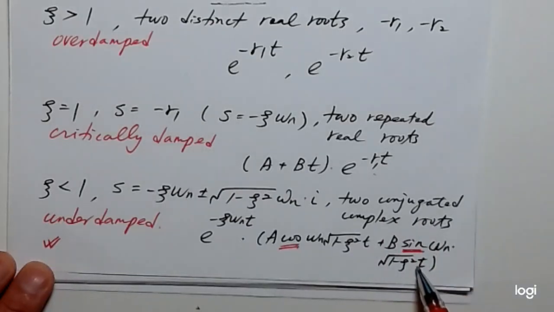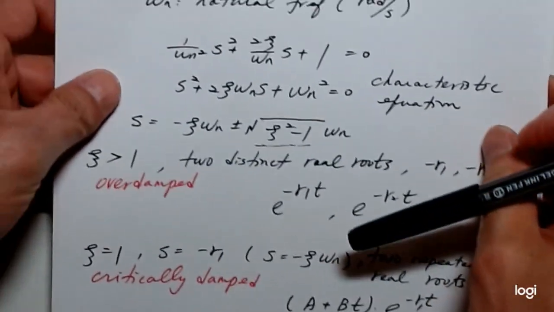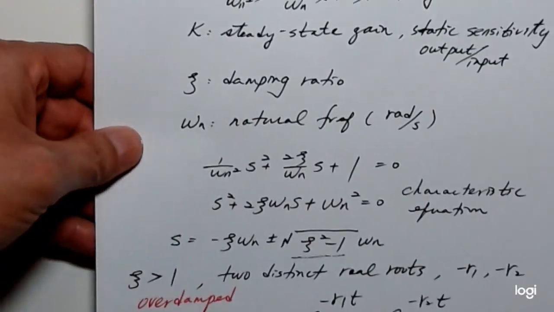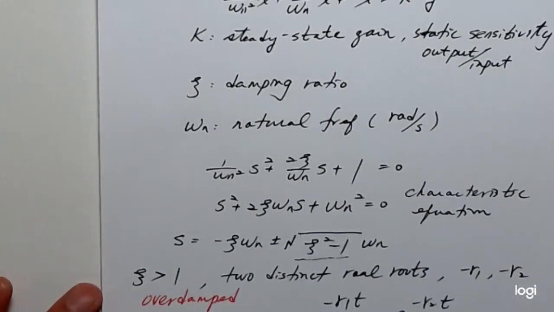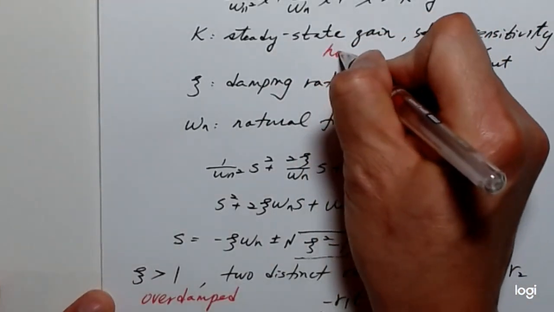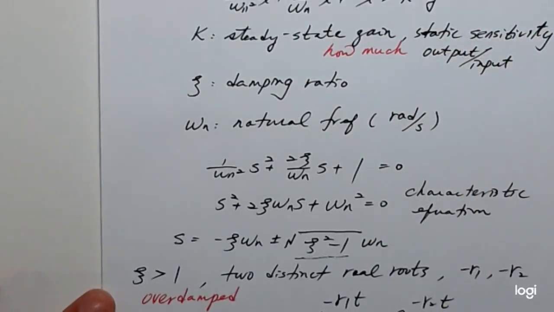This is exponential decay plus sinusoidal functions here. So based on this, what is the damping ratio for? Again, K determines how much the system amplifies the input.